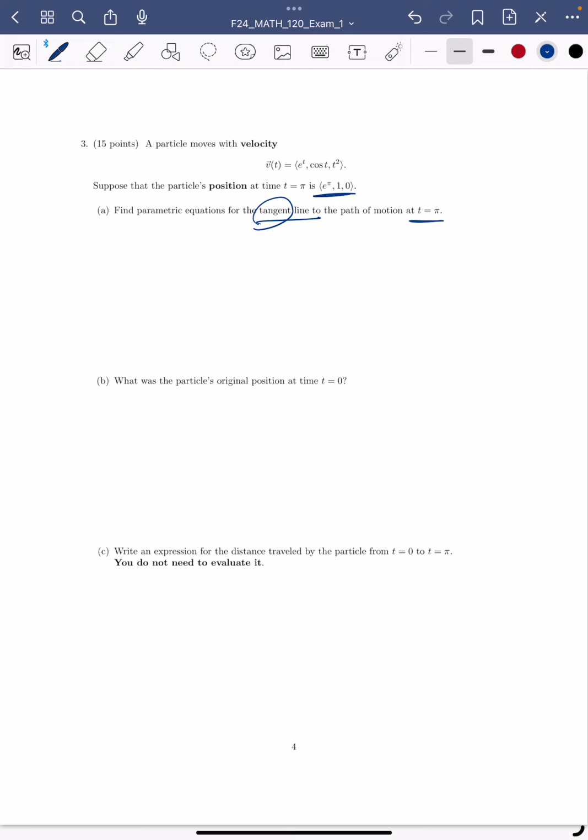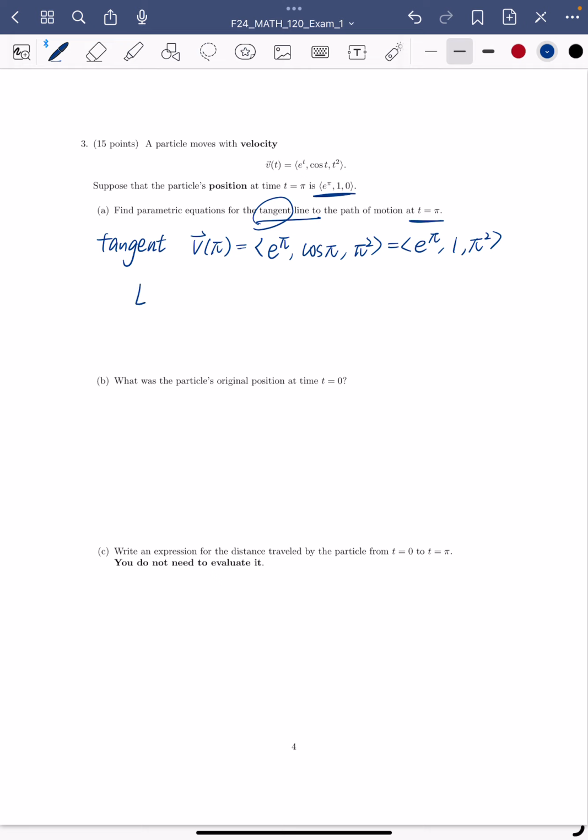So the tangent is r prime of pi, or we can use angular brackets, because sine pi, pi squared. So this is, okay.